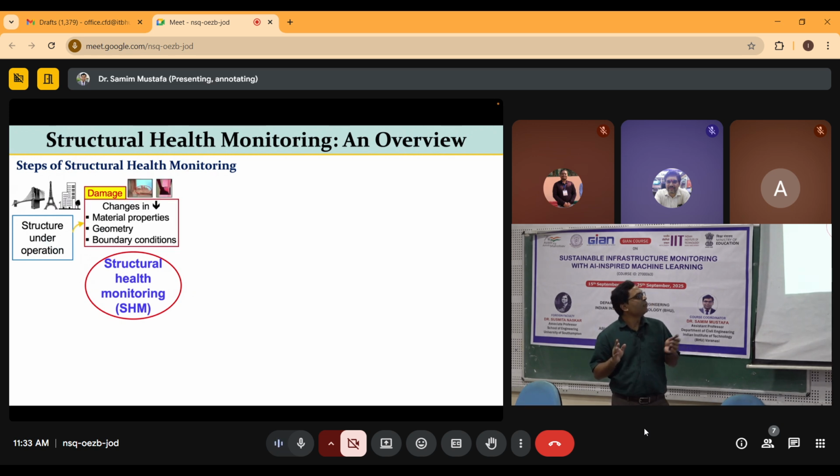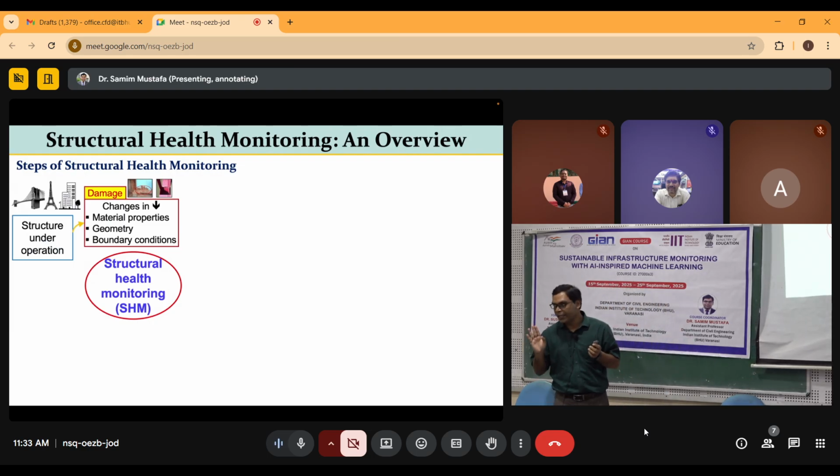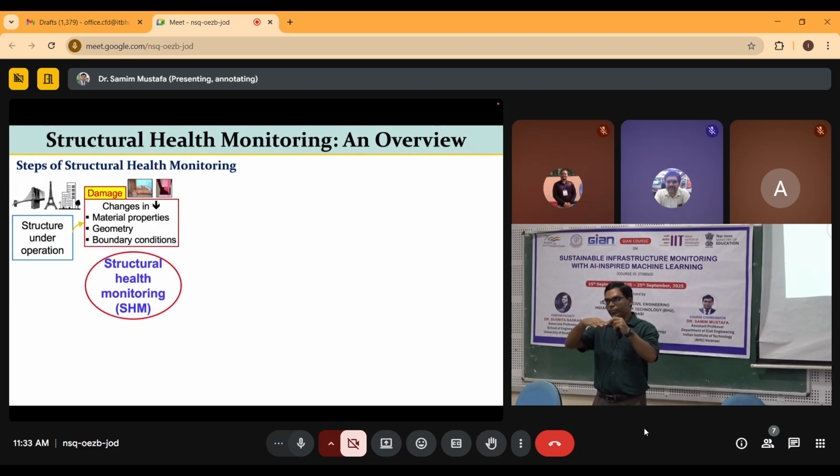Okay, so any of these properties could change. For example, as I mentioned in the first slide, damage is related to corrosion or fracture or fatigue and so on, right? Suppose because of corrosion, the member is corroded, which means its thickness is getting changed, right? If thickness is changing, then stiffness will change, because you know the formula of stiffness.